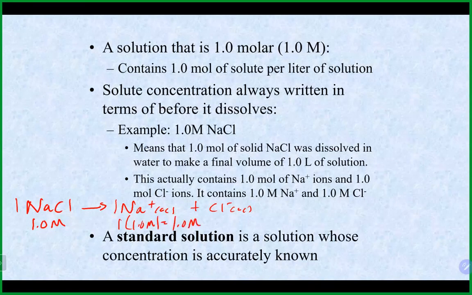It is also a 1-to-1 relationship with the chloride ions, so 1 times the 1 molar gives 1 molar for the chloride ions. Sometimes you are asked about the concentration of one of the ions floating around in the solution, and you can relate it to the whole compound like stoichiometry.